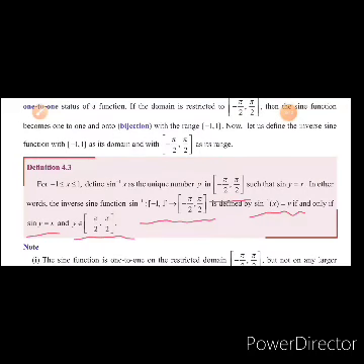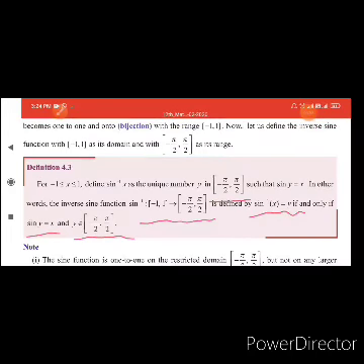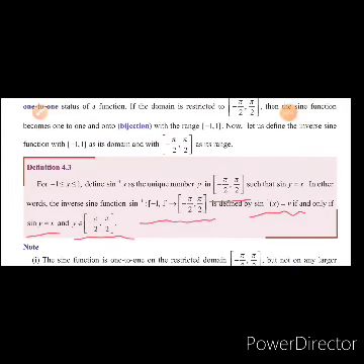In other words, the inverse sine function sin inverse from closed bracket minus 1 to 1 to closed bracket minus pi by 2 comma pi by 2 is defined by sin inverse x is equal to y if and only if sin y is equal to x and y belongs to minus pi by 2 comma pi by 2. I already told that, no, sin inverse of x is equal to y means sin y is equal to x.